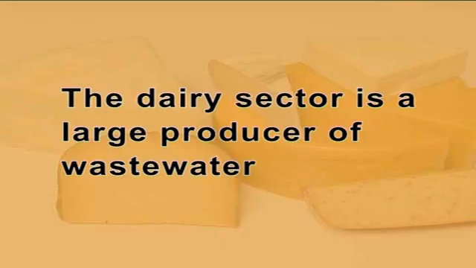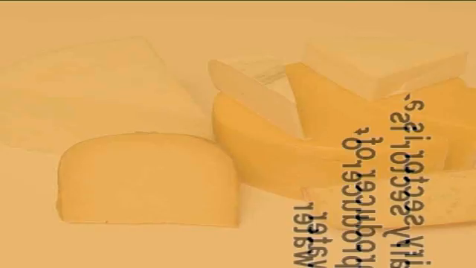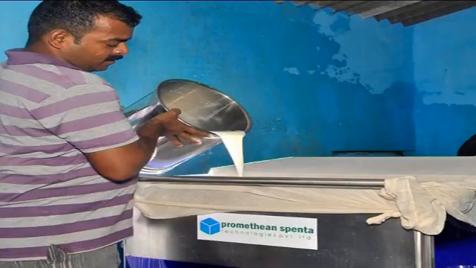The dairy sector is a large producer of wastewater, caused by the amount of milk being processed. Unlike other sectors, relatively reliable data on wastewater composition do exist. Besides high levels of BOD, milk, nitrogen, phosphorus and chloride are also present. Other properties of the wastewater, such as pH and temperature, are highly subject to variation.